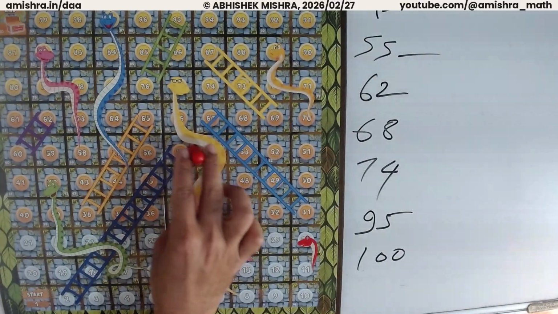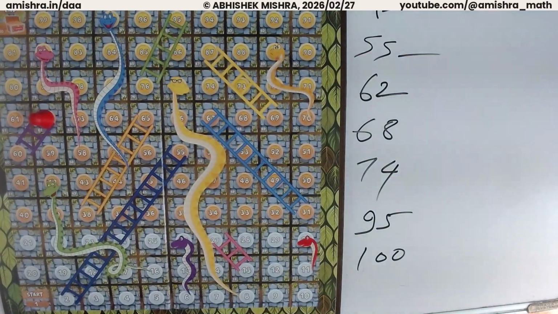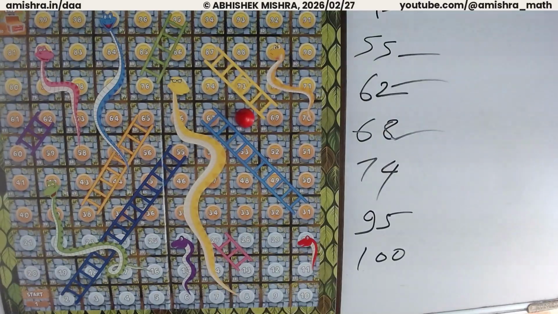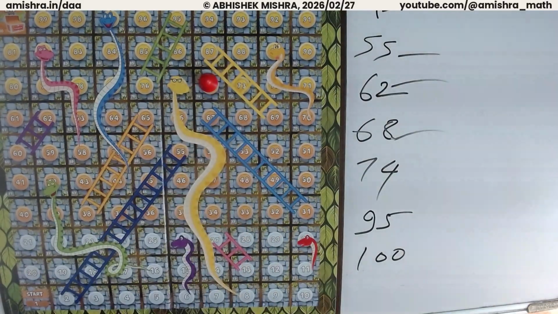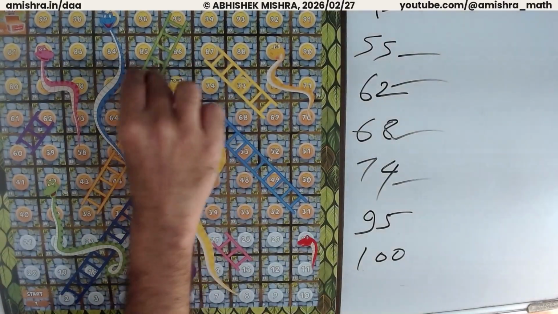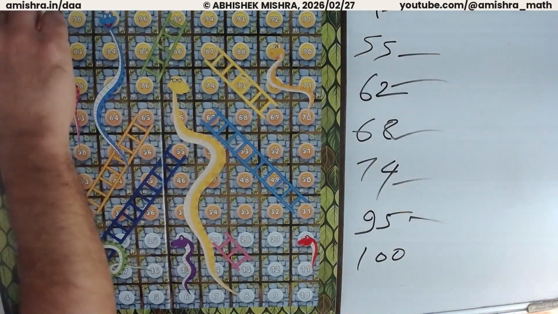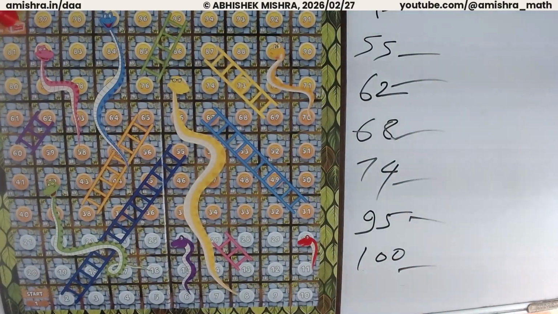Next it jumps 5, takes the ladder, goes to 62. Then from 62 jumps 6 to 68. Again jumps 6 to 74. Then jumps 2, takes the ladder to 95 and jumps 5, finally arriving at 100. So if we run the same deterministic algorithm several times, we get exactly the same sequence of moves, and at any step we can predict the next step.